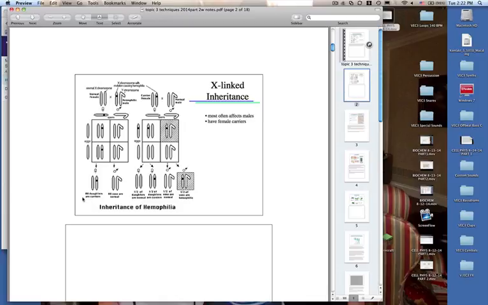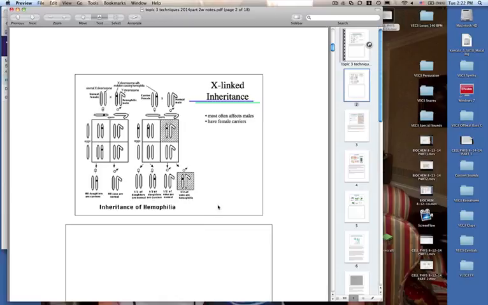And obviously all his sons are going to be totally fine, because mom, again, has a clean slate in terms of X. If mom is a carrier, all of their daughters are going to be fine, although half of them, again, are also going to be carriers. And half of the sons, unfortunately, are going to inherit this mutant X from mom and will show the signs of hemophilia. The other half will get the good X and will not show signs of hemophilia.